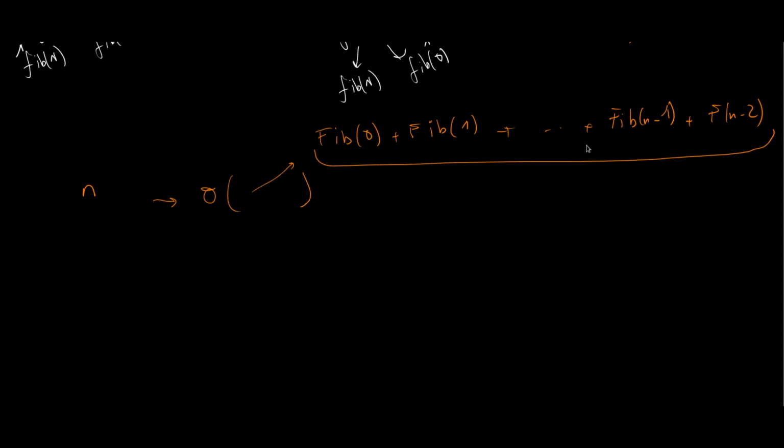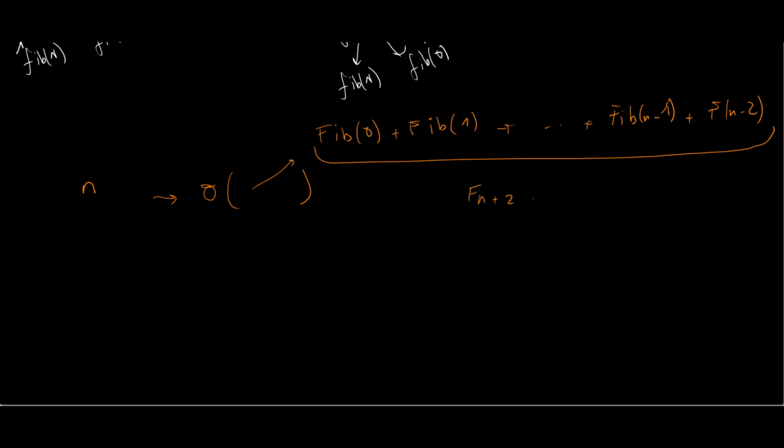And we can actually simplify this further. So we know that f of n plus 2 is equal to f of n plus 1 plus f of n. And I can rewrite this formula like this. So f of n is equal to f of n plus 2 minus f of n plus 1.